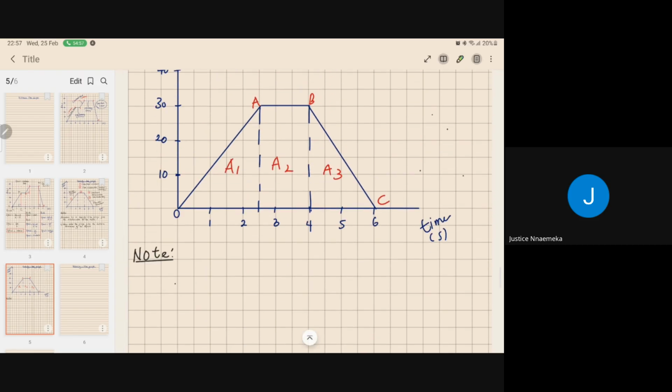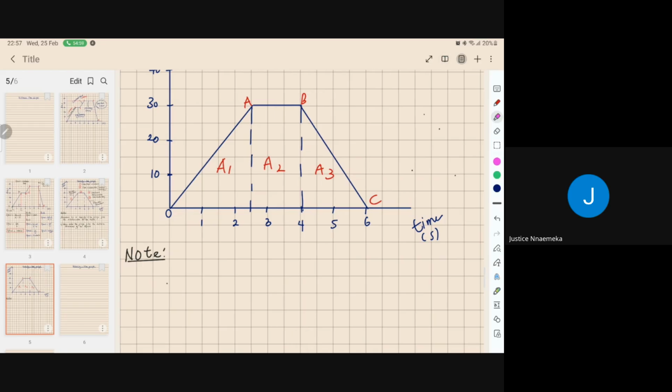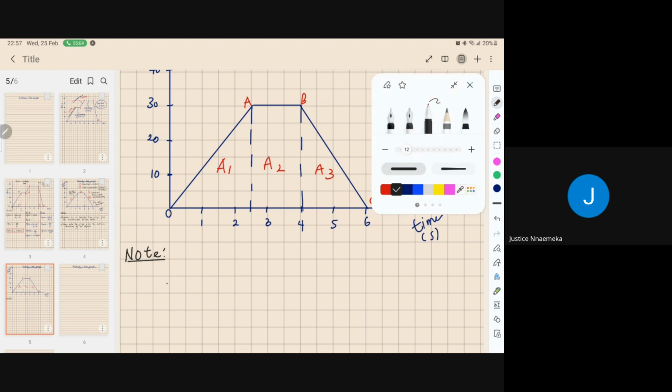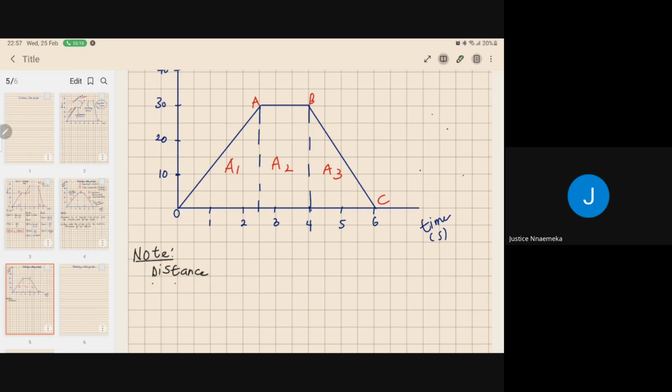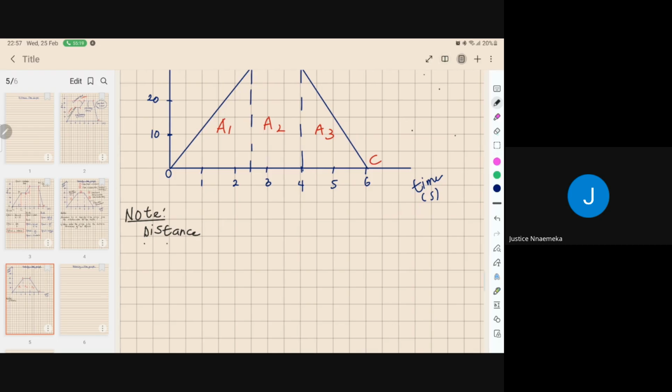So now the distance traveled from 0 to A, how do we calculate it?